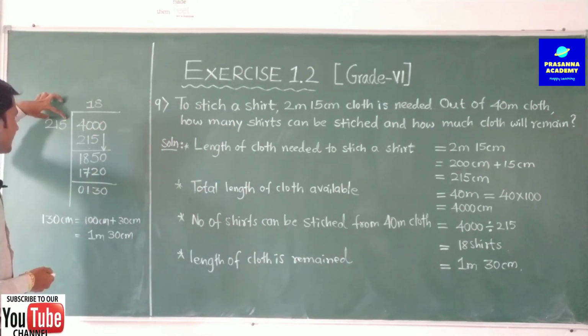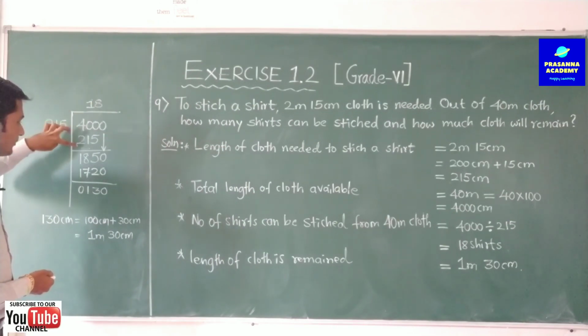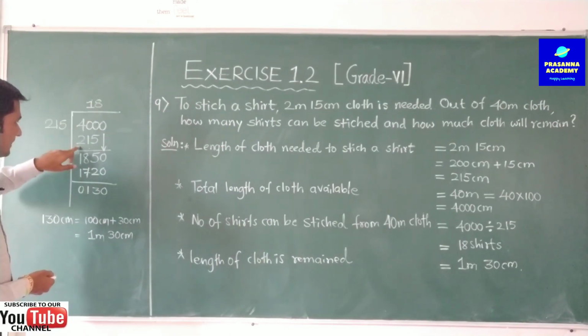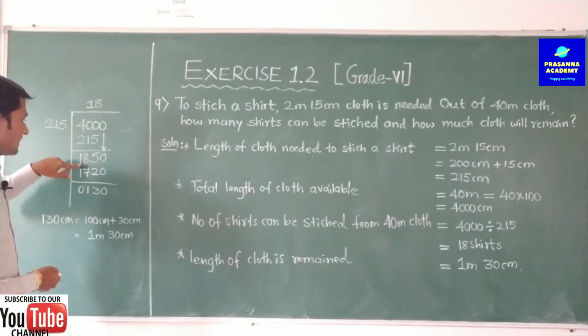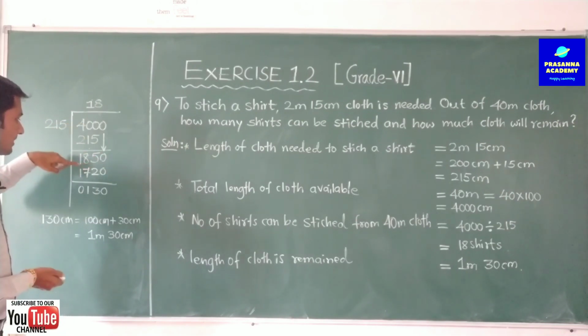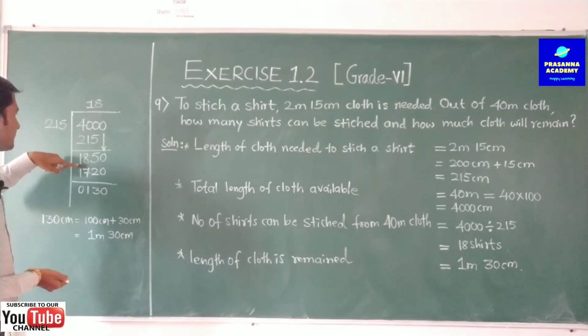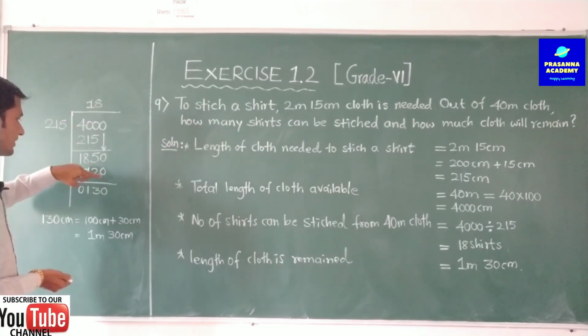First I multiply this 215 with 1, that is 215 times 1 will be 215. So we subtract this 215 from 400 and we got the remainder as 185, and I take this 0 down. Now I got a new number, that is 1850. Now 215 times 8 will be 1720.